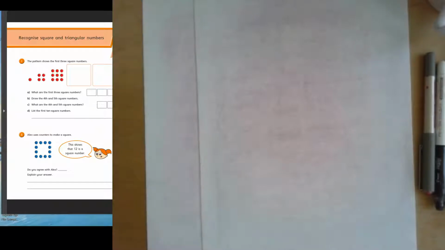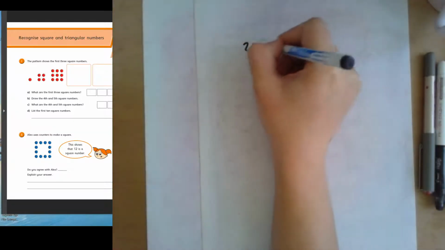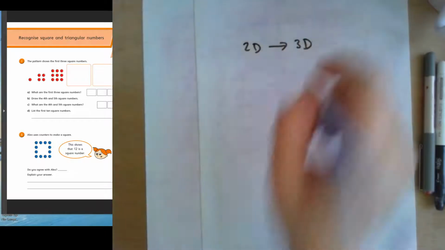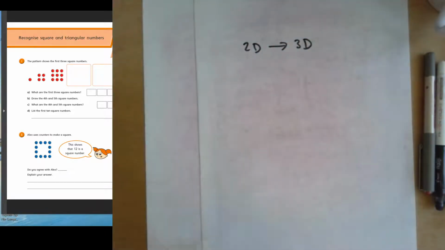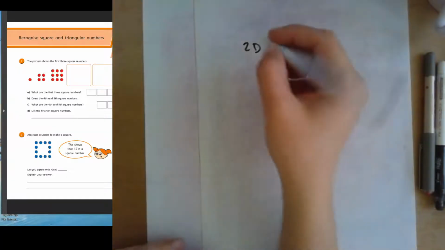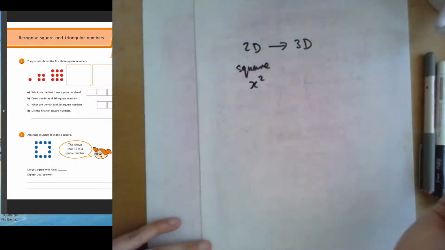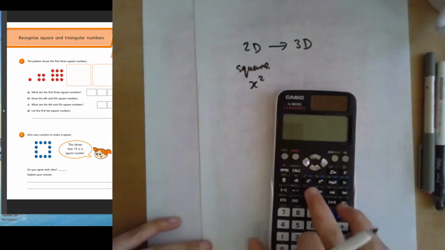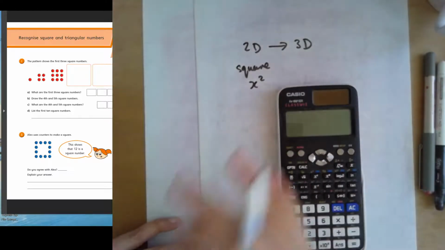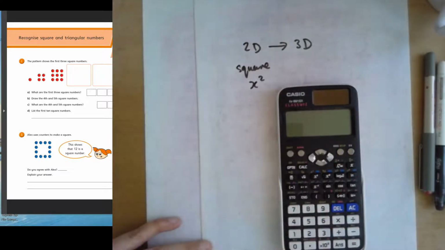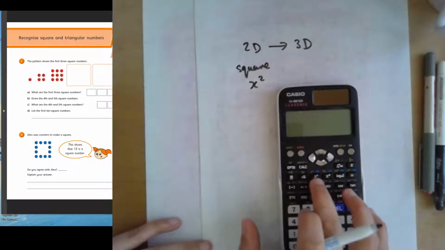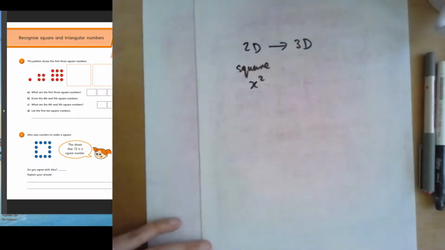When you go from 2D into 3D, that's when you start going into cubes, spheres, and that kind of stuff. So these would be your square numbers, and you usually see the term like that. If you look on your calculators, you might have something slightly different, but you usually see an x squared.